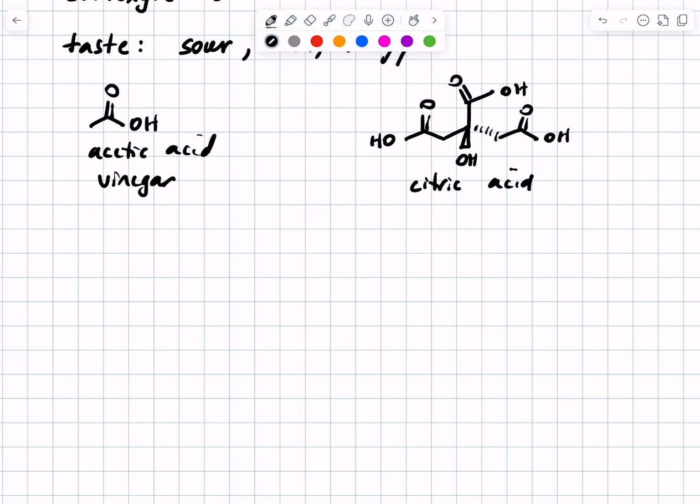Now, as molecules change in shape, sometimes their smell changes. Vinegar has a characteristic smell. It's not particularly unpleasant, but in high doses it can be somewhat overwhelming. It gets worse as the carboxylic acid increases in size. So behold, butanoic acid, 4 carbons.